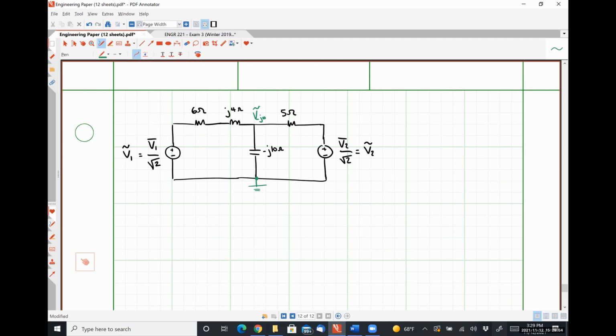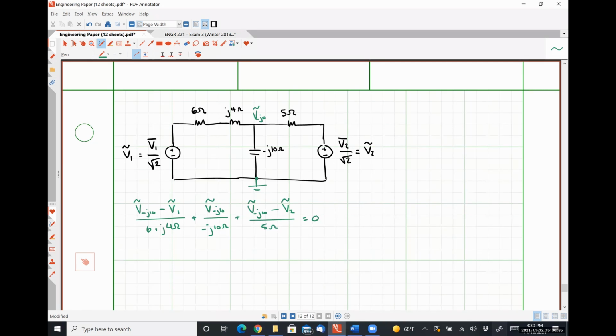And so I could say that V minus J10 minus V1 divided by 6 plus J4 ohms, plus V minus J10 over minus J10 ohms, plus V minus J10 minus V2 divided by 5 ohms is equal to 0.